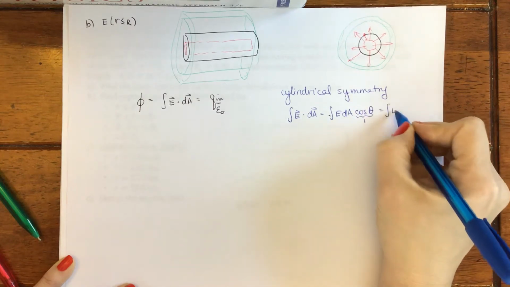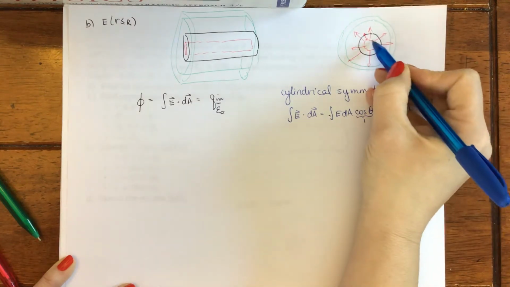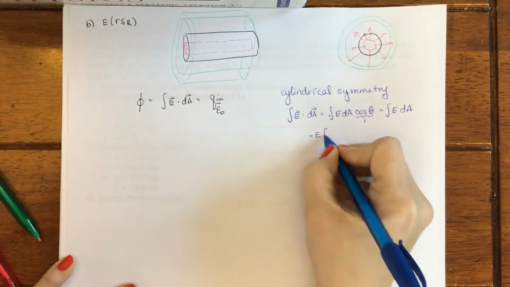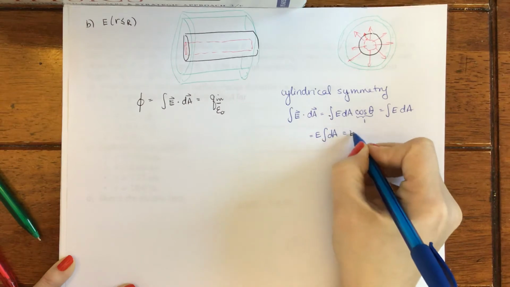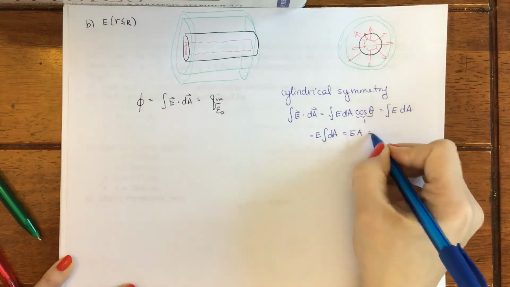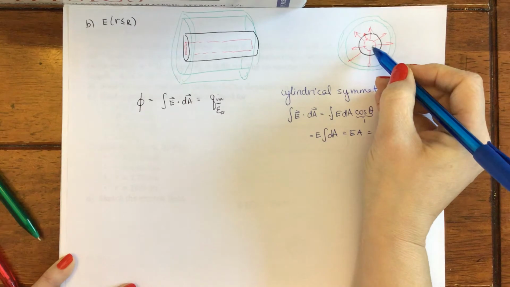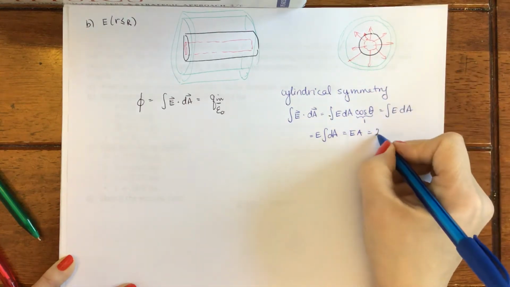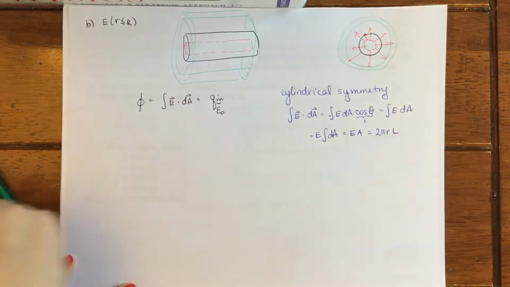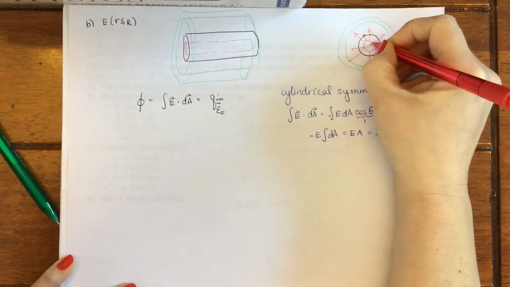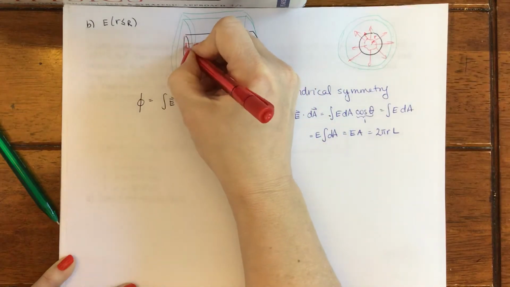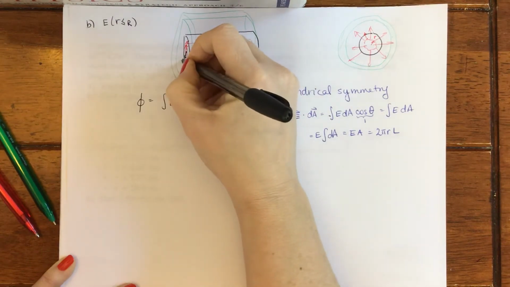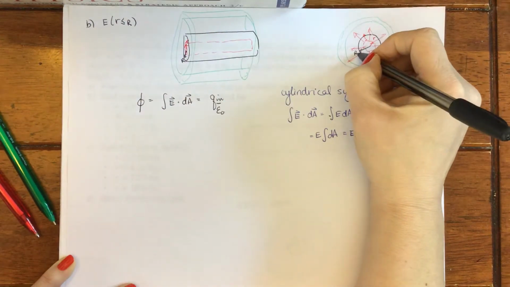It's the integral of E dA. If our cylindrical surface has a constant radius, the electric field will be constant, so E comes outside, E times the integral of dA, which is E times A. A means the area of our cylindrical surface, and the area of a cylindrical surface is 2 pi r times the length L. That little r means the radius of our Gaussian surface, while our insulator has radius capital R. Let's not get confused with our symbols.